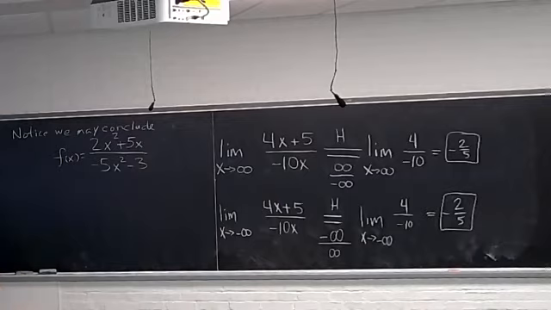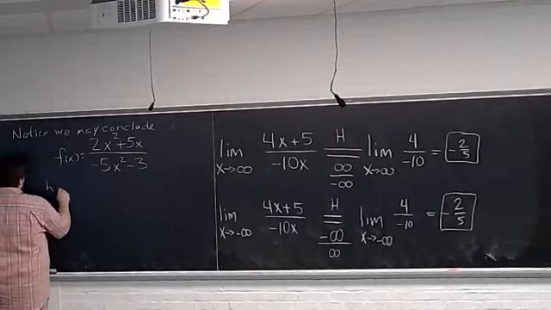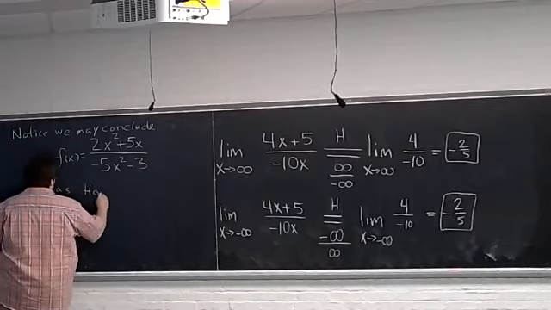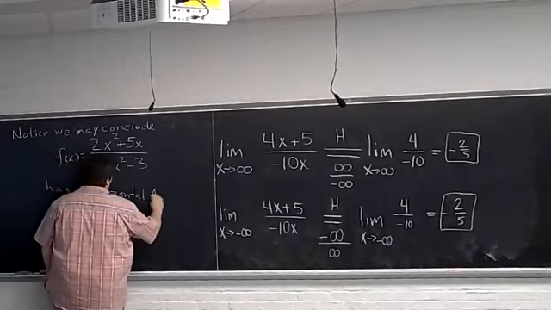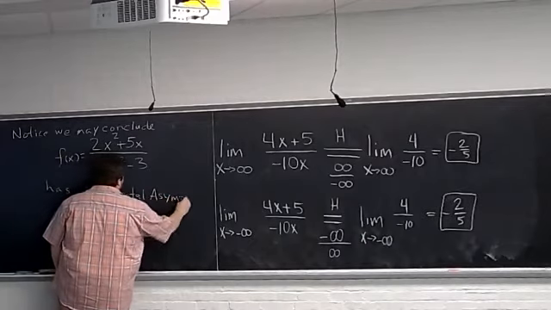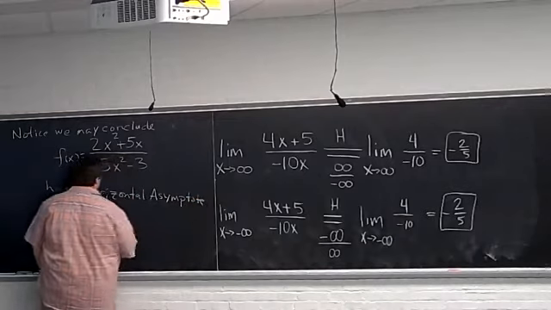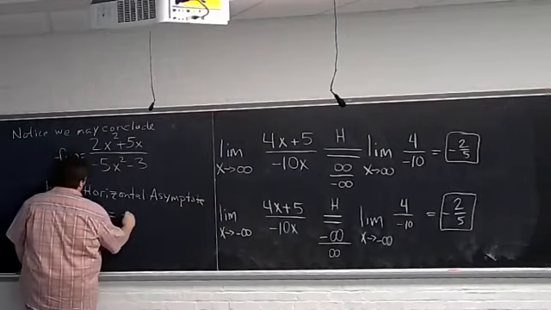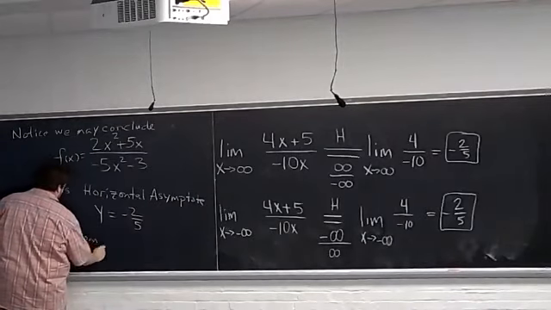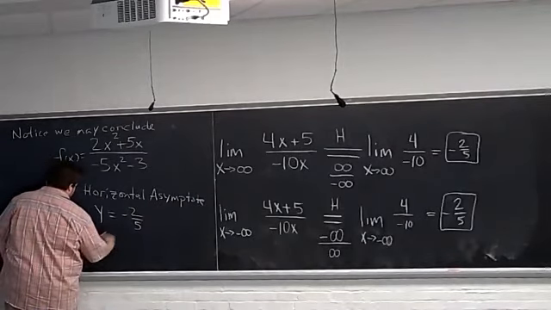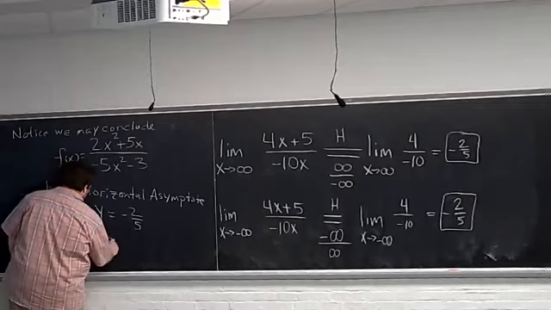So we may conclude that this function has horizontal asymptotes. Well, only one in this case. y equals negative 2/5 from the previous two computations.